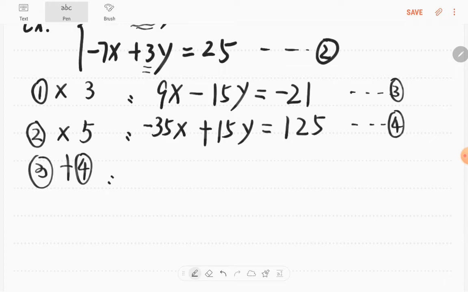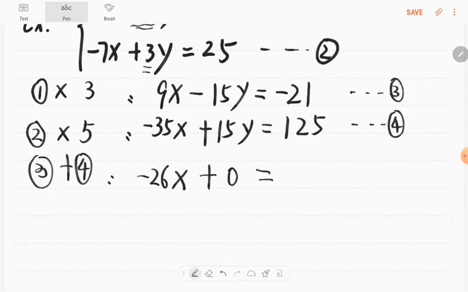If we add 3 and 4, you will see 9x plus negative 35x would be negative 26x, right? And the negative 15y and the positive 15y add together to be 0.